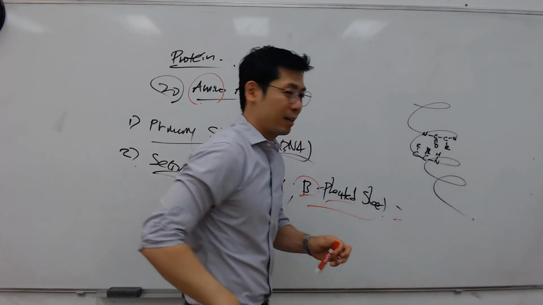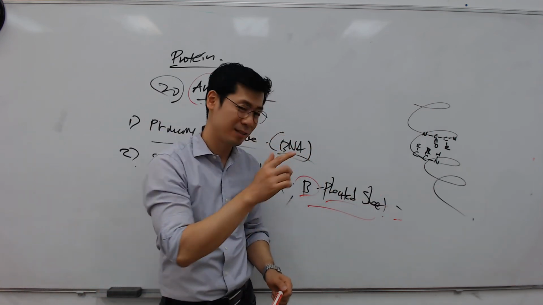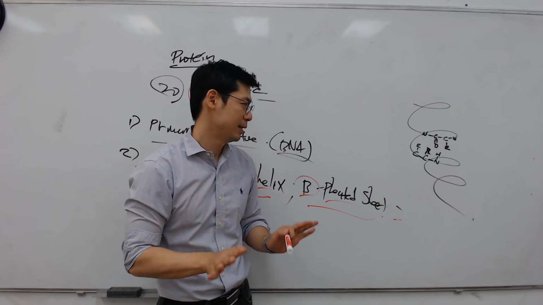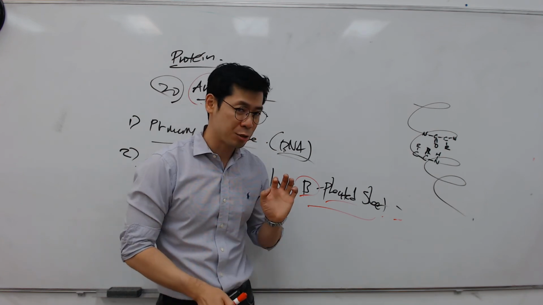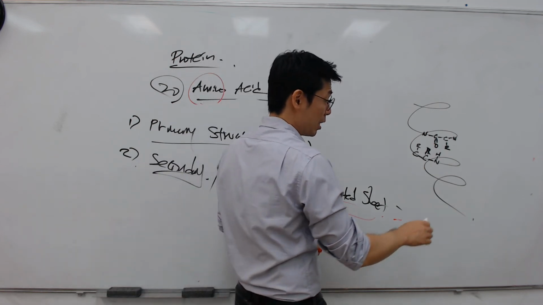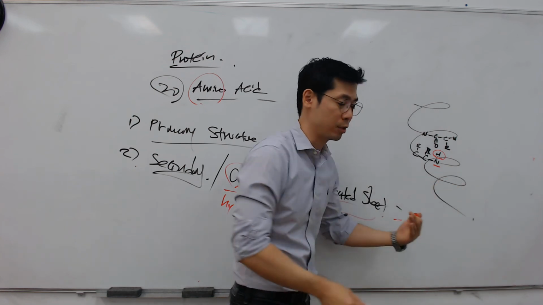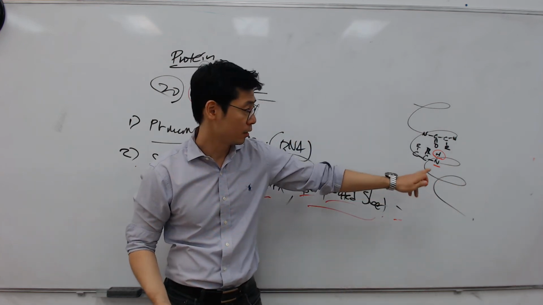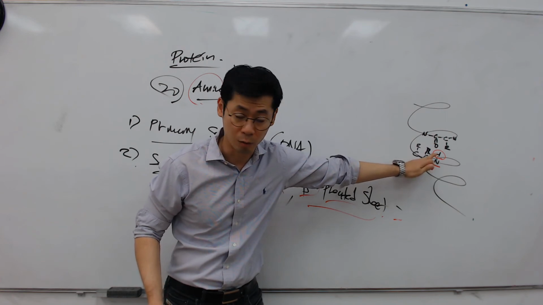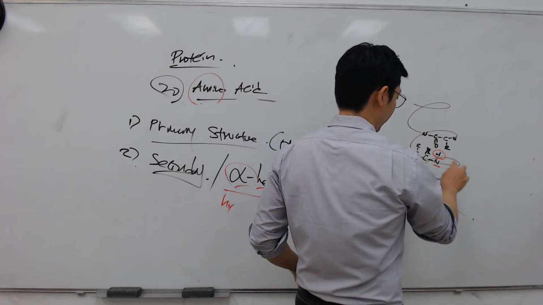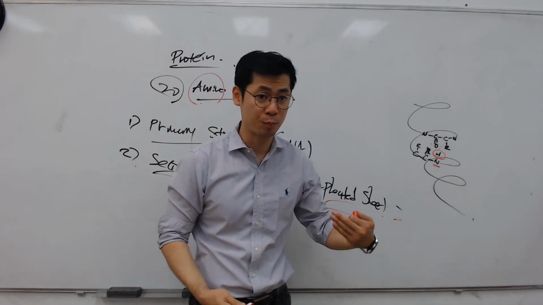Now, what's a hydrogen bond, guys? Not that it's important, but a hydrogen bond is when you have a hydrogen bonded to a nitrogen, for example. This hydrogen qualifies for hydrogen bonding when oxygen or fluorine or another nitrogen is present.